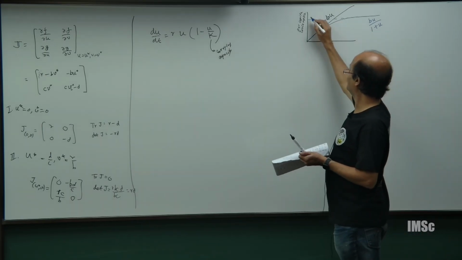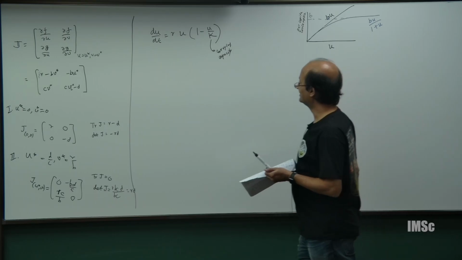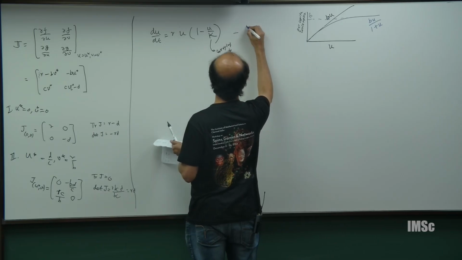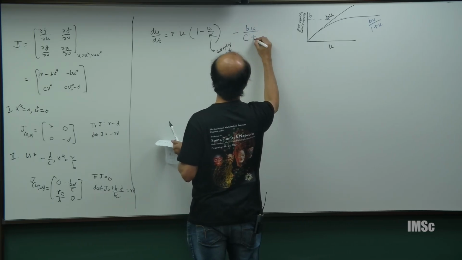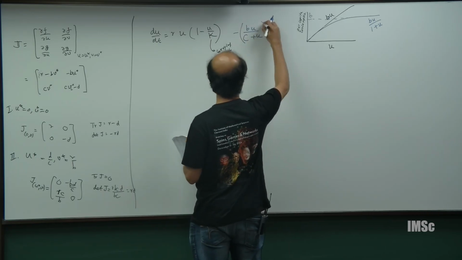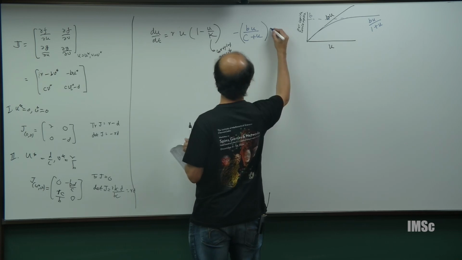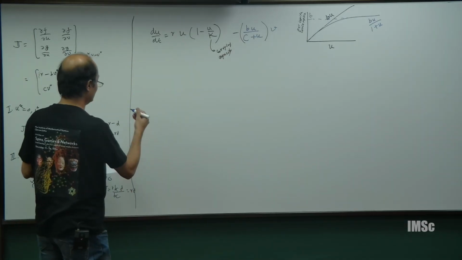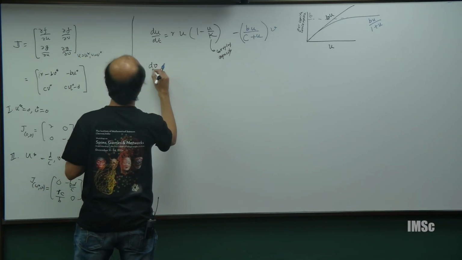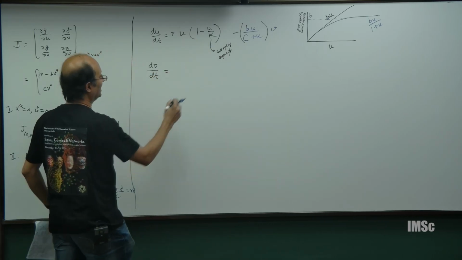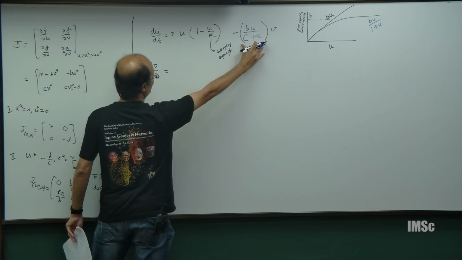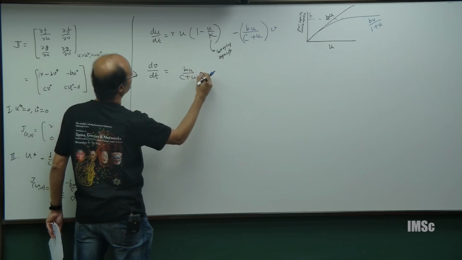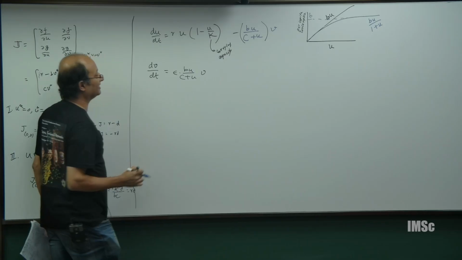So in general, I could write a constant C, and say that it goes as minus BU over C plus U, times V. Now for dV/dt, this is the consumption by the predator, so it will be the consumption by the predator times some efficiency factor epsilon.